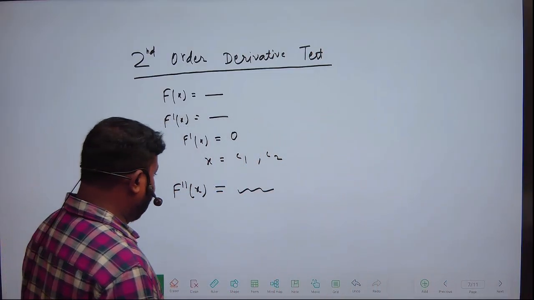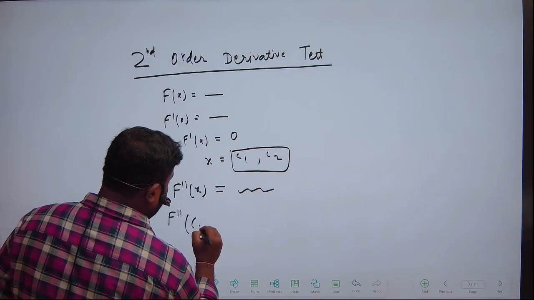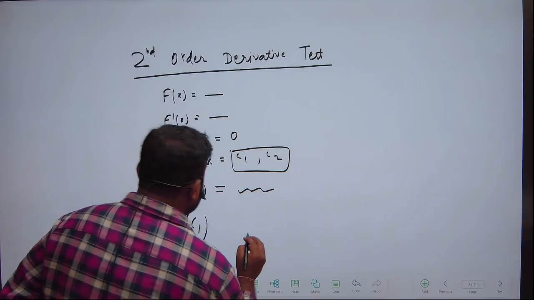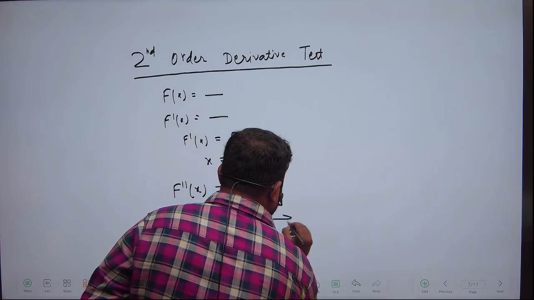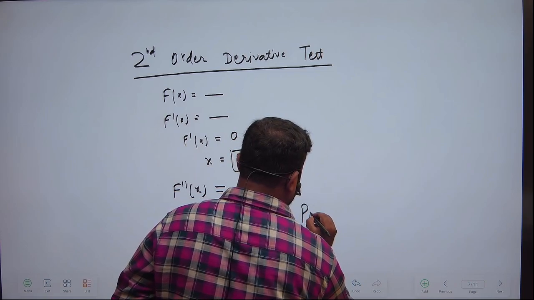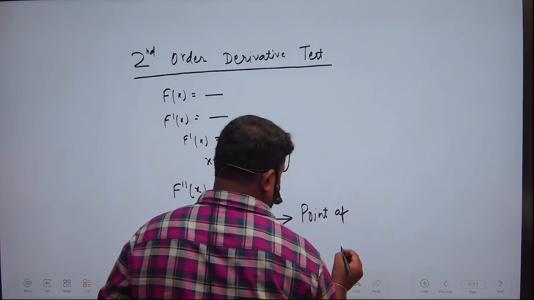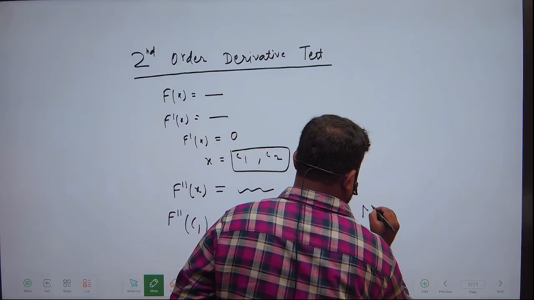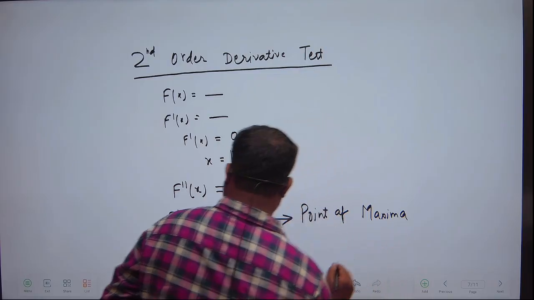Then when we put the value of f double dash c1, let us assume this value is less than 0, then we can say c1 is the point of maxima.